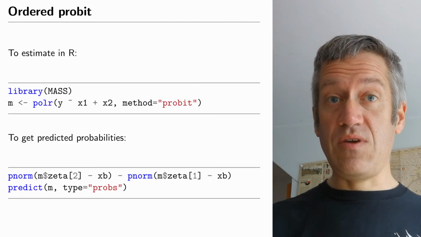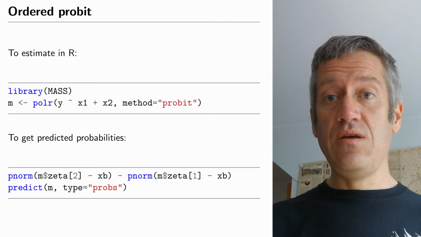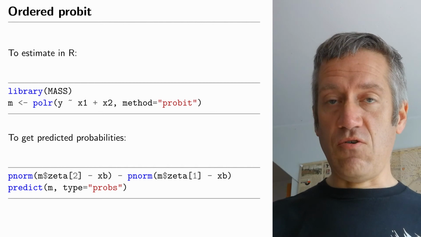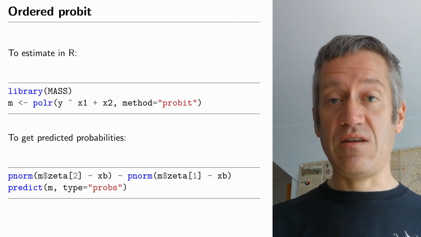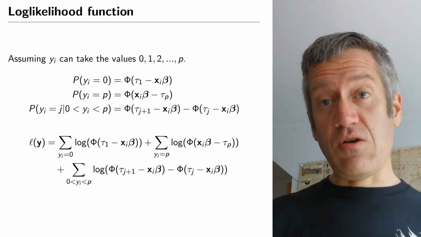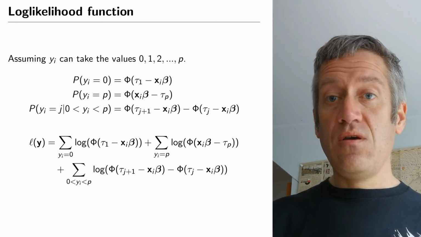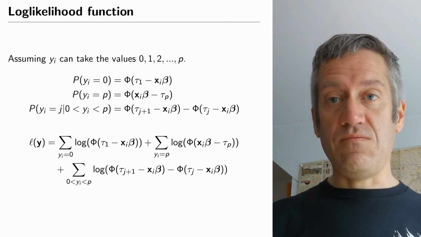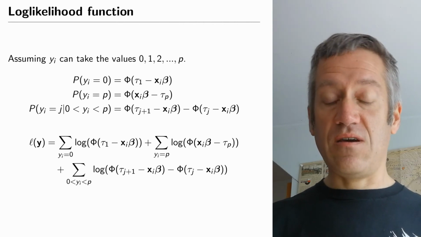So in R we can use the polr function from the MASS library to calculate the ordered probit, and you also see an example here of how to calculate predicted probabilities for a particular category. And just like with logistic regression and with probit, we can work out the probability density function for the dependent variable and work out the log likelihood function that we can then simplify and optimize to estimate beta and tau.